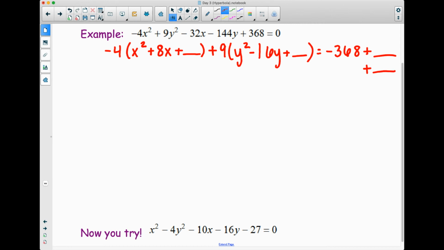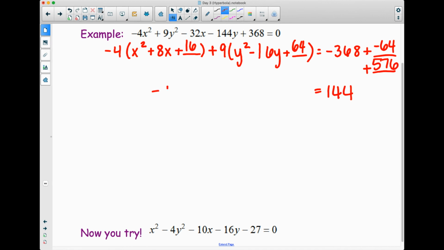All right, so if we take 8, divide it by 2, we get 4. Square that, we get 16. But if this is 16 here, what's over here? Negative 64. Gotta multiply it to that -4. Okay, negative 16 divided by 2 is -8. -8 squared is 64. And 64 times 9 is 576. We get 144 over here.